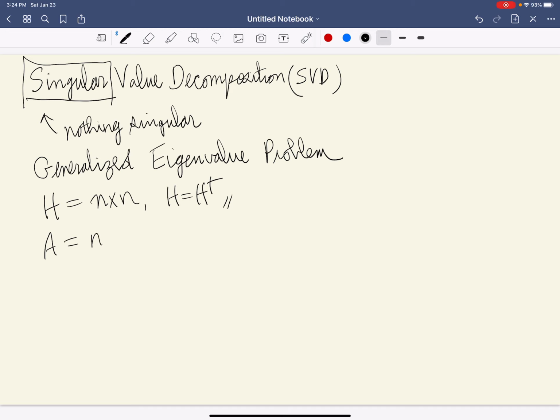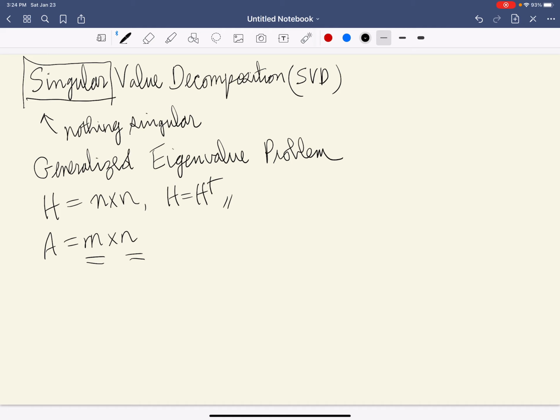Right? So A can be m by n rather than n by n. M and n need not be the same number. And when it's not the same size horizontally as vertically, of course, you cannot even think about the hermiticity of the matrix.